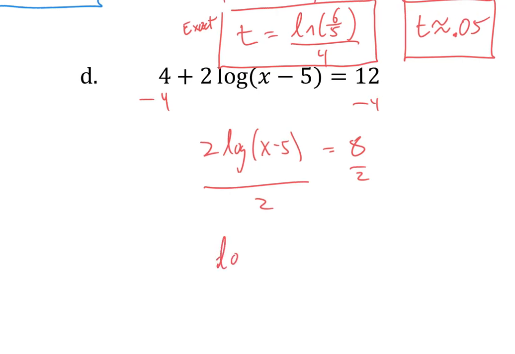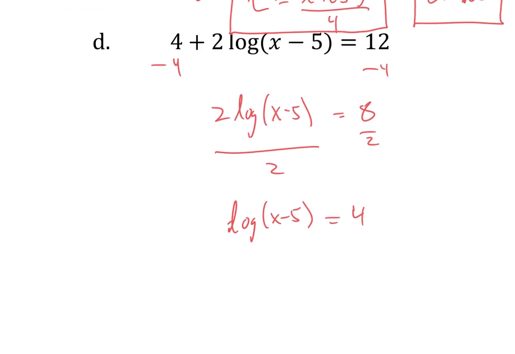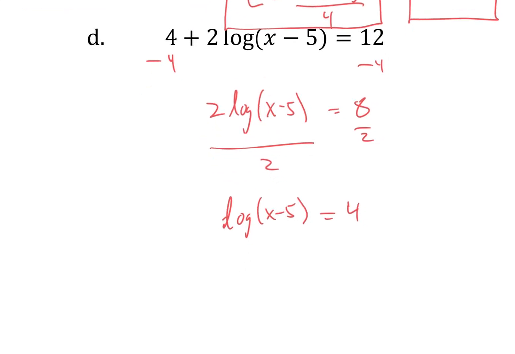And so log of x minus 5 equals 4. Now, what's our base here? There's no base written. Remember, if it's ln, the base is e. If it's a common log, the base is 10.